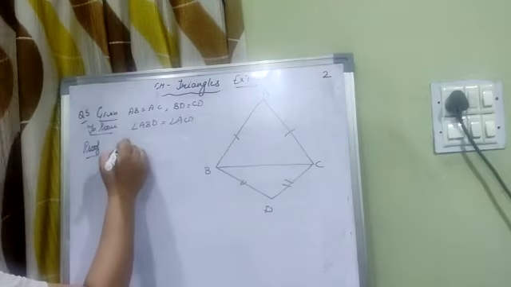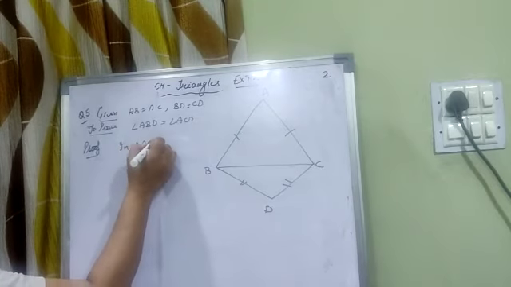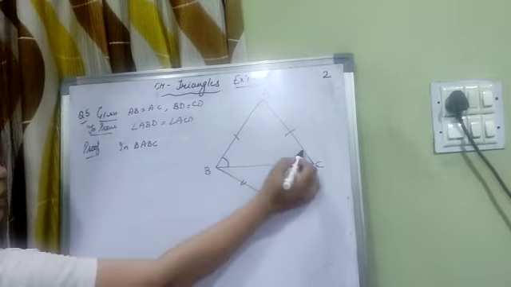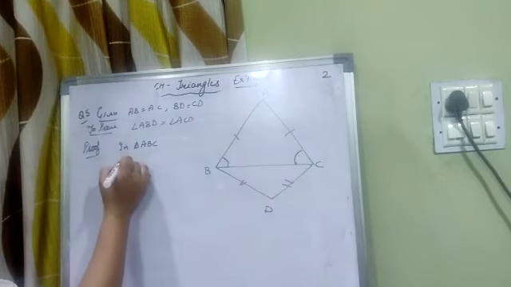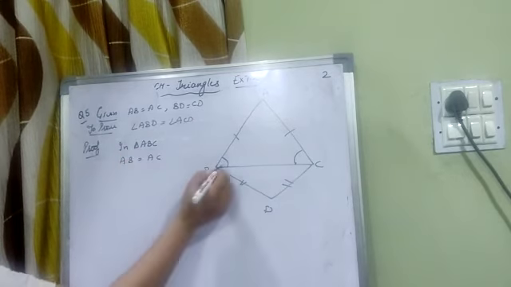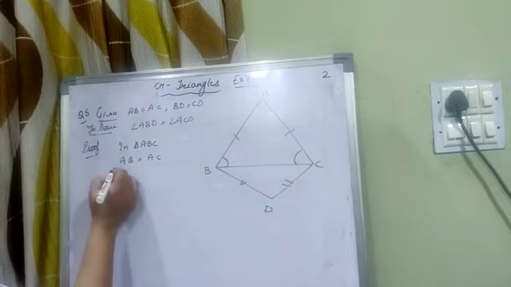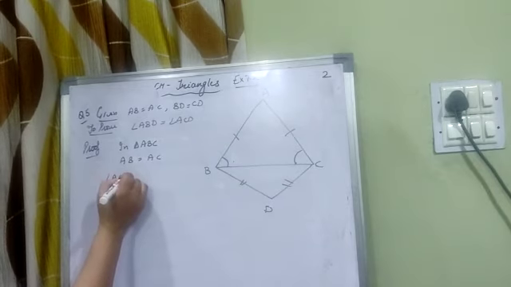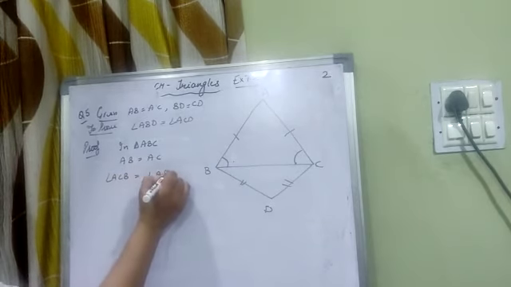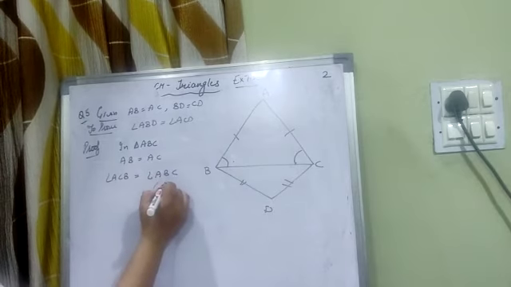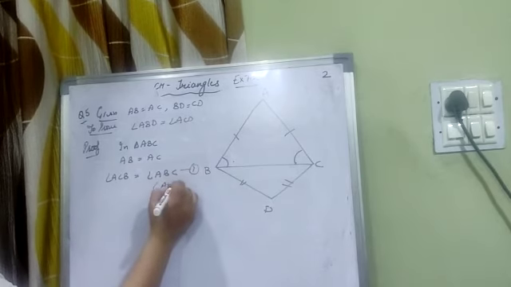How can you do it without congruency? In triangle ABC, angles opposite to equal sides are equal. AB equal to AC. Suppose this angle: opposite to AB is ACB and opposite to AC is ABC.